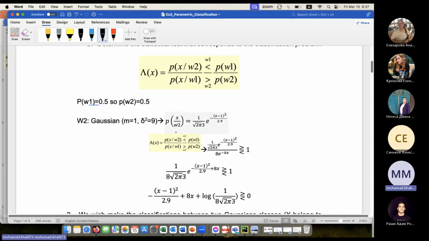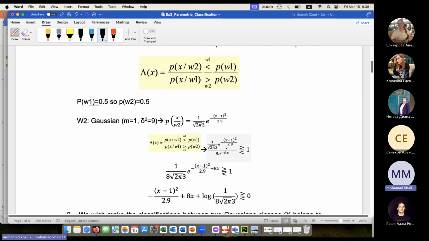And the second one, p of x given omega 1, is 8 exponential minus 8x. If we apply this formula, this one is this one, and p of x given omega 1 is this one. So this over this, if greater than 1 it is class 2, if less, class 1.